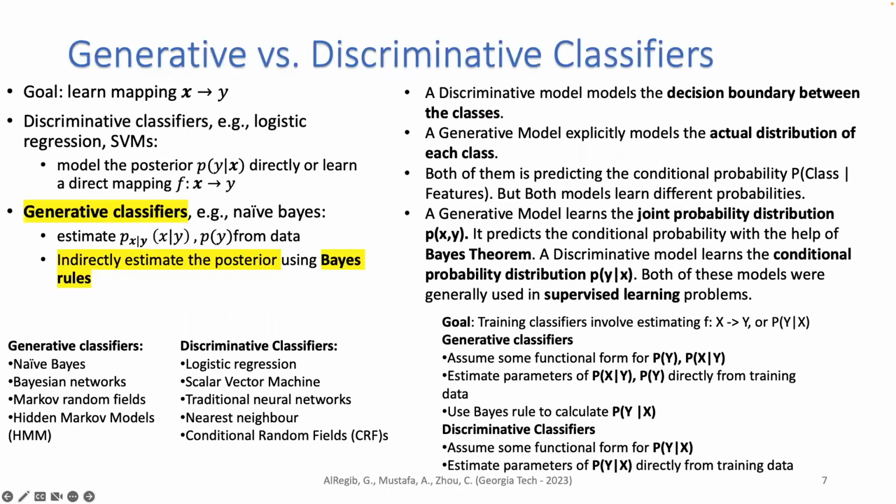And for generative versus discriminative classifiers, the easiest way to look at it is what you have on the left-hand side. I will leave the rest for you to read at home. It's all about how we are learning the model. If we are modeling the posterior probability directly, then we have a discriminative classifier.